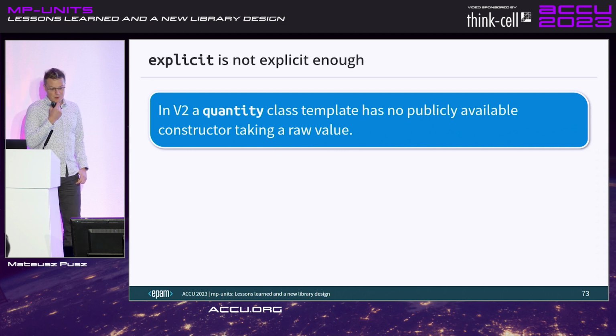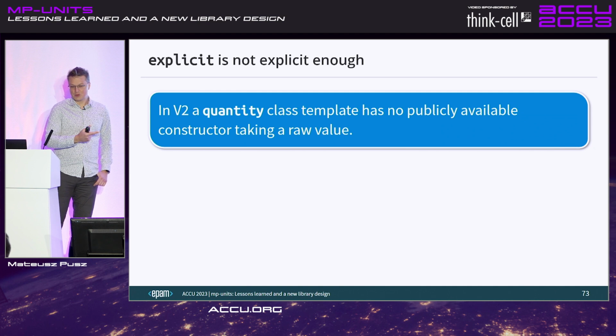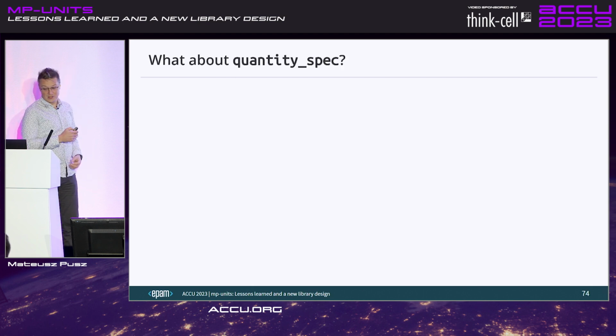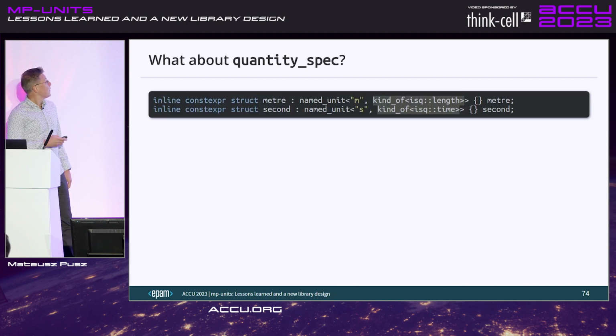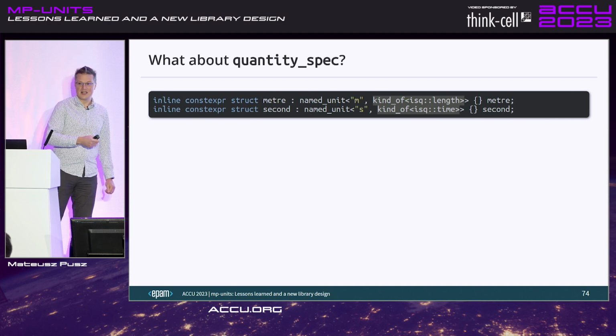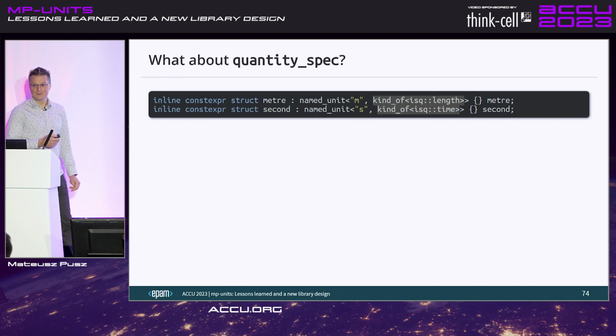Right, but I talk about quantities, I talk about units, but I also spent like 15 minutes talking about quantity spec, and we didn't use them until now in our quantity. So what about the quantity spec? If you actually remember, meter and second were defined in terms of kind of length, kind of time, because they were able to measure any quantity from the tree.